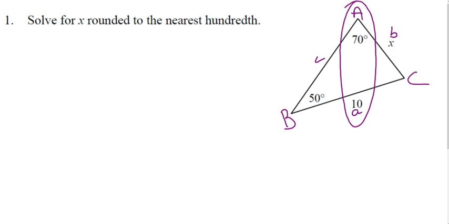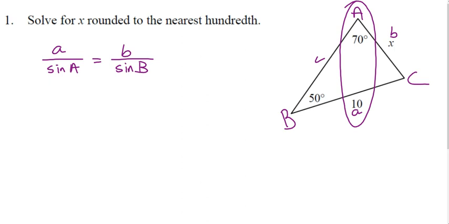Since we want to find an unknown side, we're going to set it up this way. Little a over sine A is equal to little b over sine B. It just makes it easier, right? Because then the thing we want to find is on top, so we just multiply both sides by what's on the bottom, and you solve.